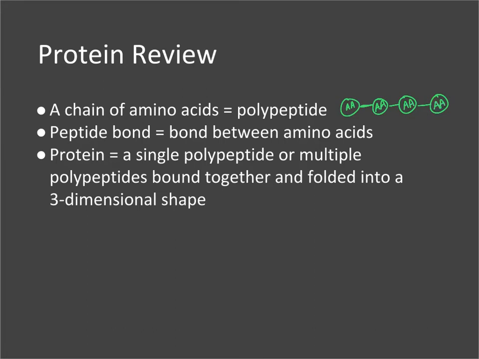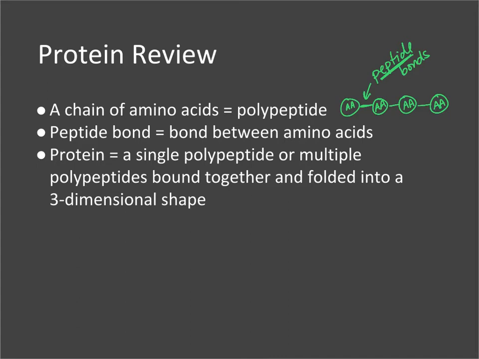And these amino acids are bonded together by specific bonds called peptide bonds. Whenever you're talking about polypeptides and proteins, you're going to see this word peptide show up a lot.